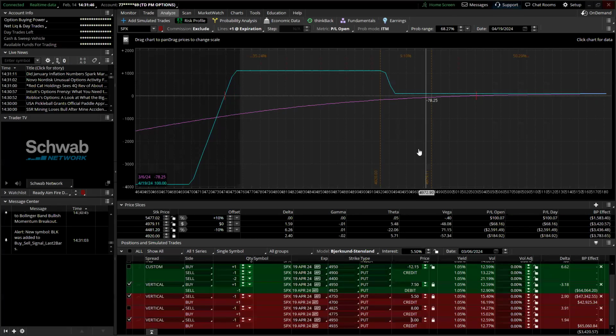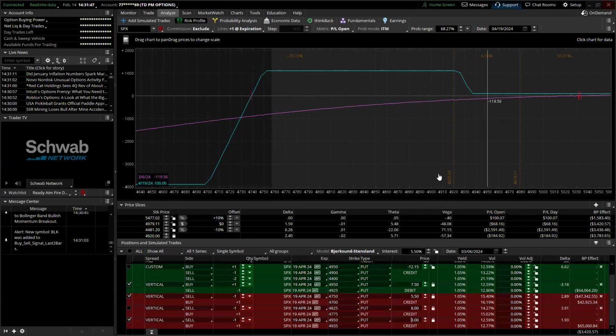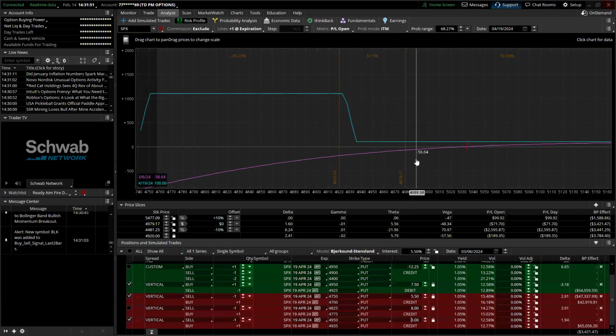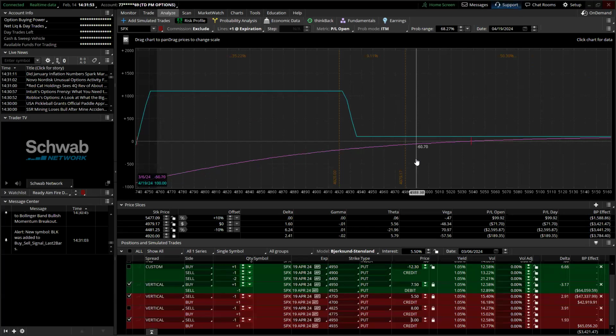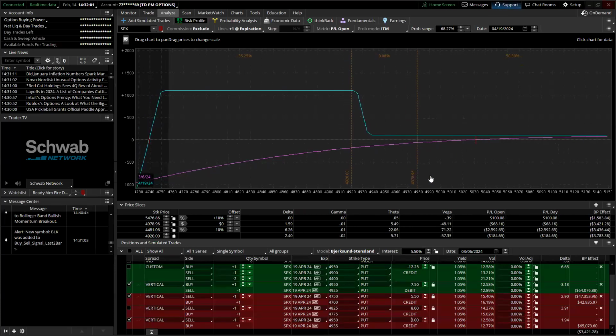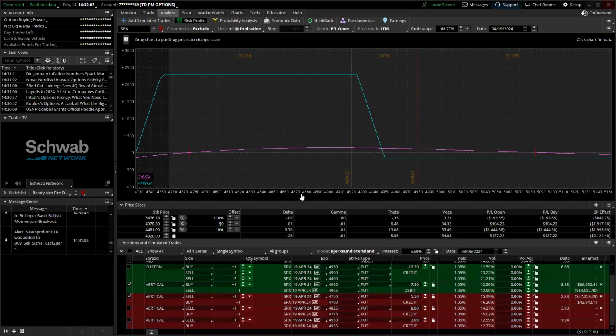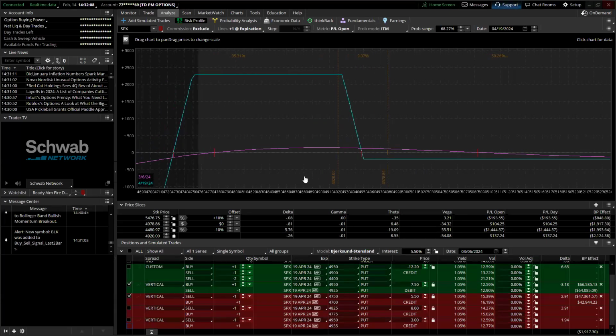And now my upside risk goes from $200 risk to no risk to the upside, and I actually have a net credit of $100, right? This is what my risk graph looks like before I make any adjustments.